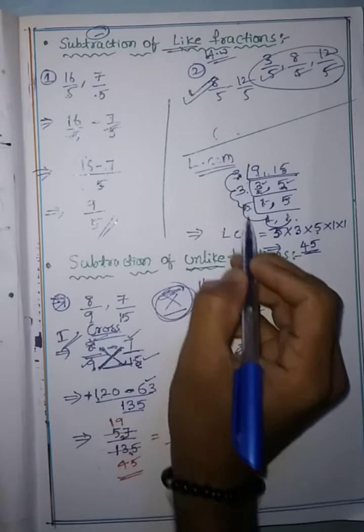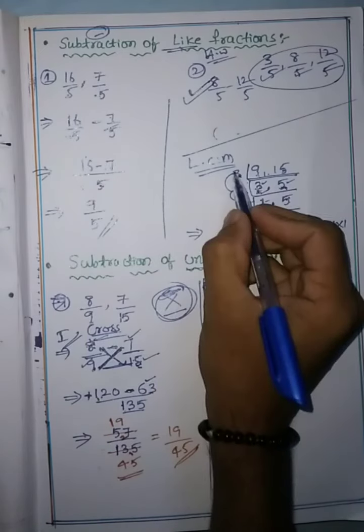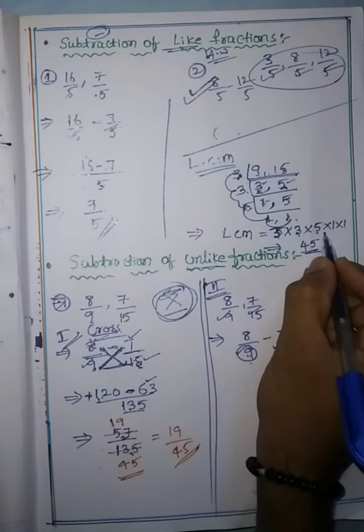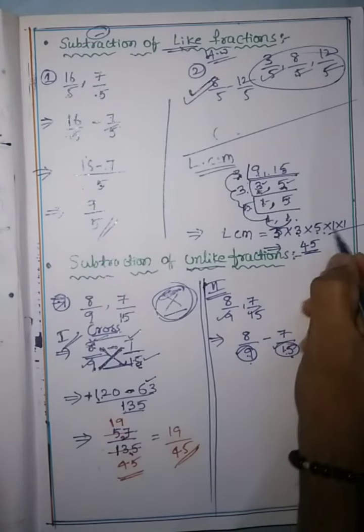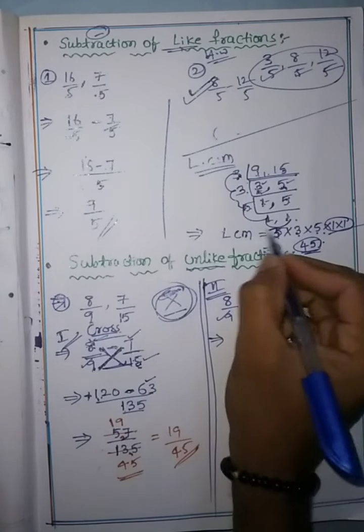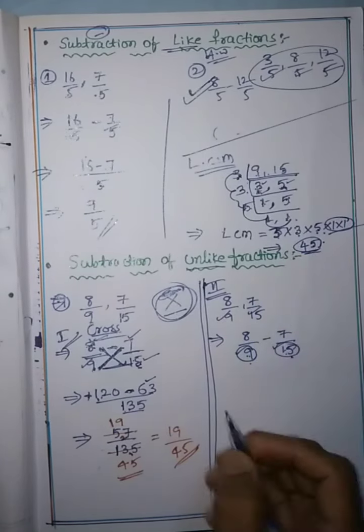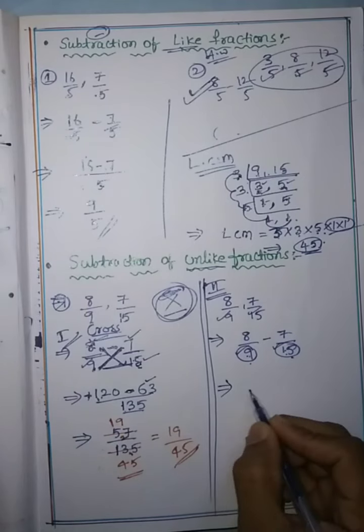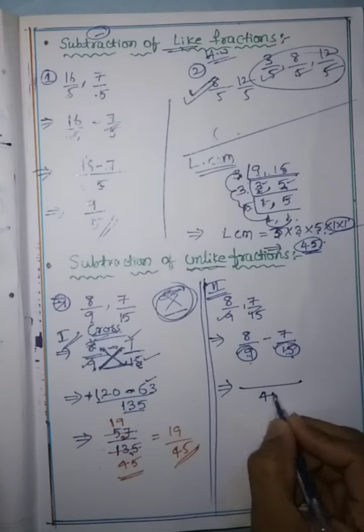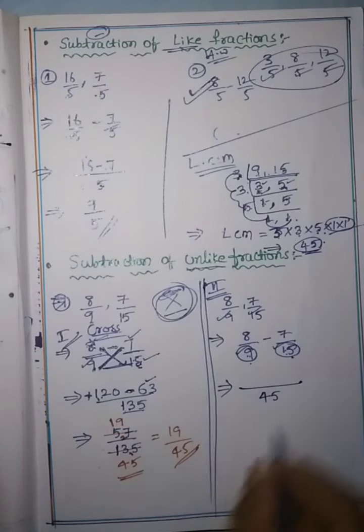If you multiply by 1 two times, again you get that number. So leave this one. 45. What is your LCM? Our LCM is 45.